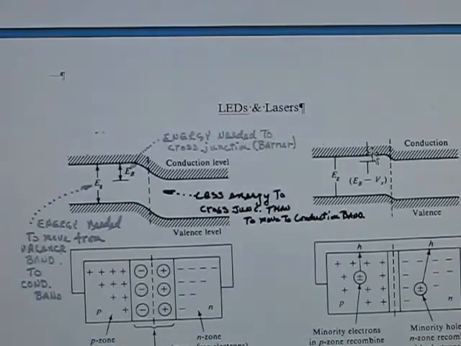So it doesn't stay in the conduction band very long before it returns, and the distance between the valence band and the conduction band determines how much energy the photon has. That is, its color. So if it's a blue photon, it would have higher energy than, say, an infrared photon.